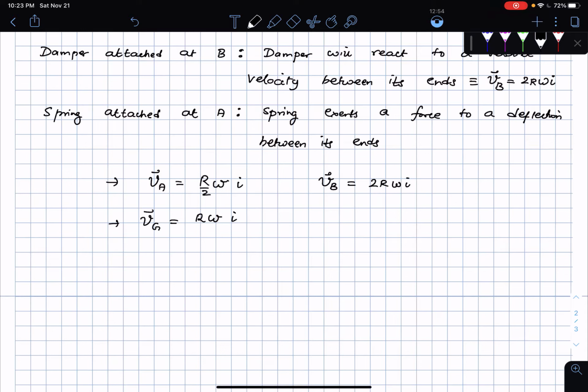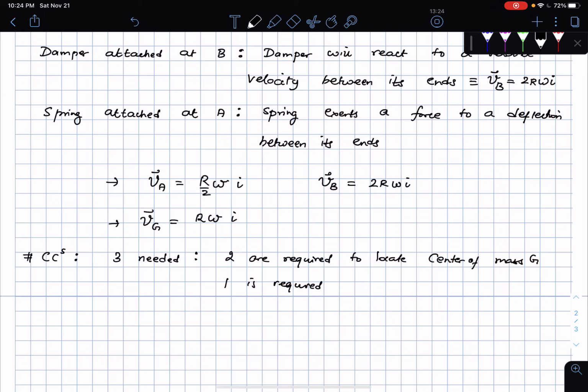I want to look at the degrees of freedom and so on for the disk. Okay, so configuration coordinates, I need 3. Okay, so 2 to locate the center of mass, G, and then 1 is required to know the angular position.